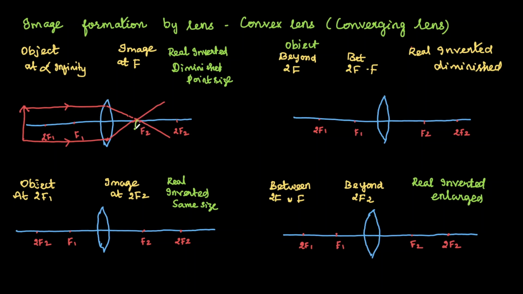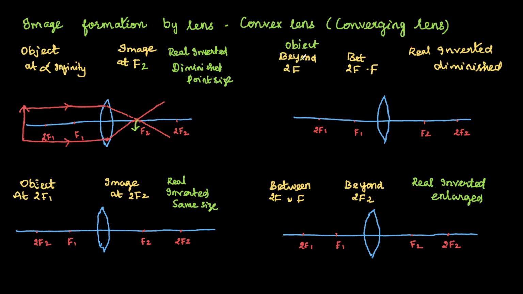The image will be real, inverted, diminished, point-sized image formed at F2. Actually, whatever the F written on the right hand side, it will be F2, and on the left hand side, it will be F1. So the image will be formed at F2, real, inverted, diminished, point-sized image.